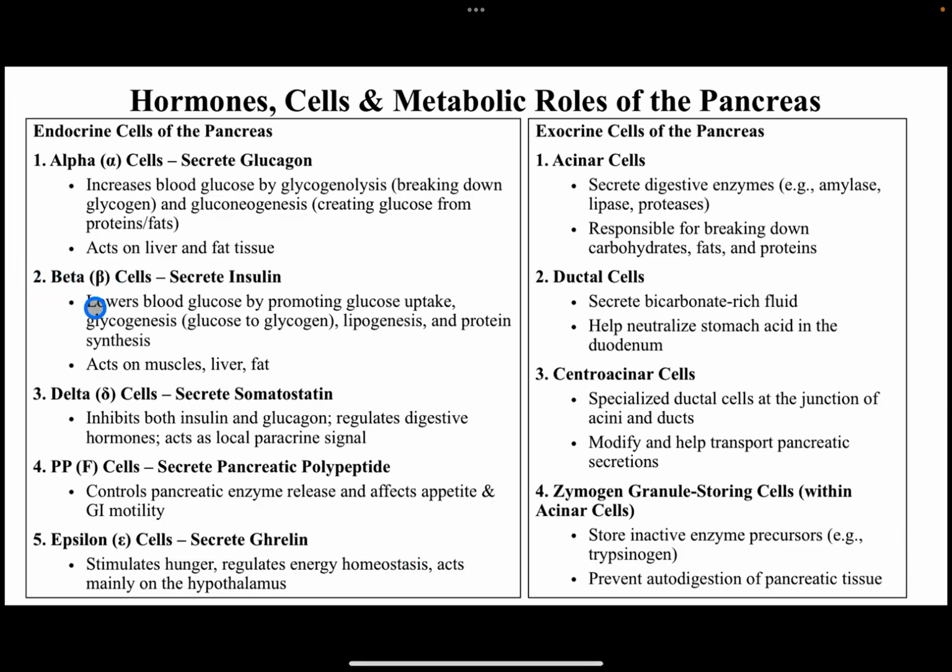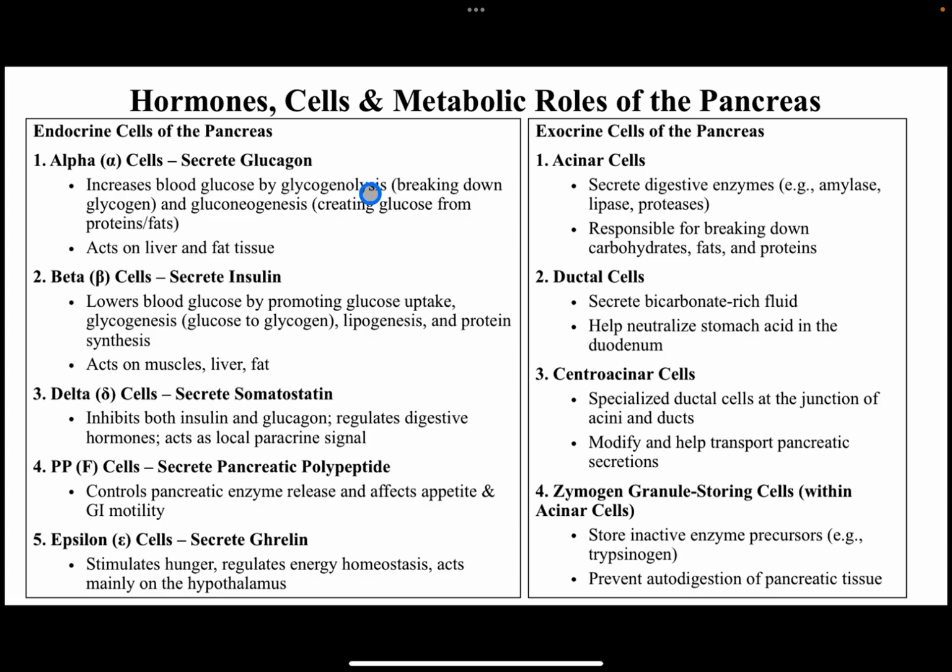So remember that the beta cells work to lower your blood glucose levels. The alpha cells work to increase your blood glucose levels. Why? Because the alpha cells secrete glucagon, and glucagon undertakes two main processes: glycogenolysis.